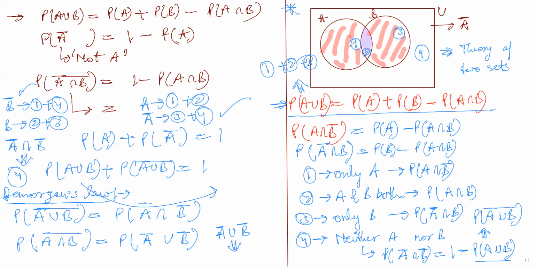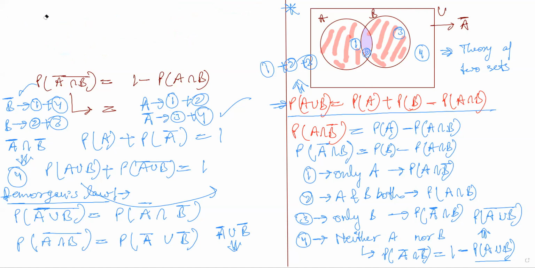You know A union B is? Okay, let's understand it from here. First, tell me the portion between A union B. A is 1 and 2, B is 2 and 3.